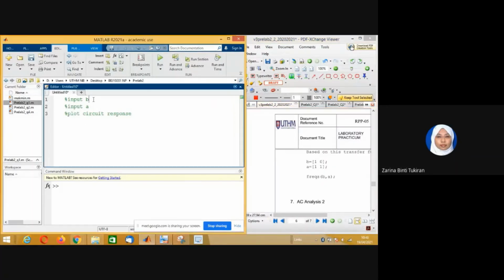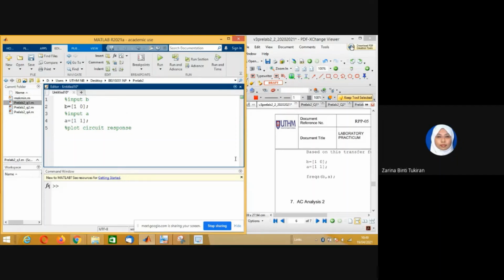How to put input B: since we already know the value because we assume S is 1, I provide here the value 1 and 0. Then the input for A is A equals to 1 and 1.